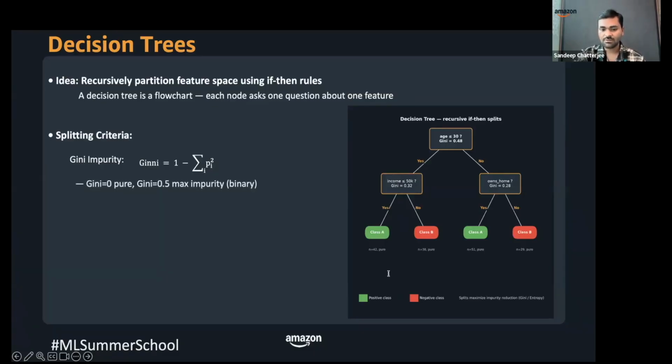And we have an alternative, which is actually a better metric. This is known as entropy, which comes from information theory. The formula looks like this: H is the negated summation of p_i log p_i in base 2, for all i. This is better, but the reason we use Gini is because entropy involves computation of a floating point log in base 2, while in Gini we simply need a square.